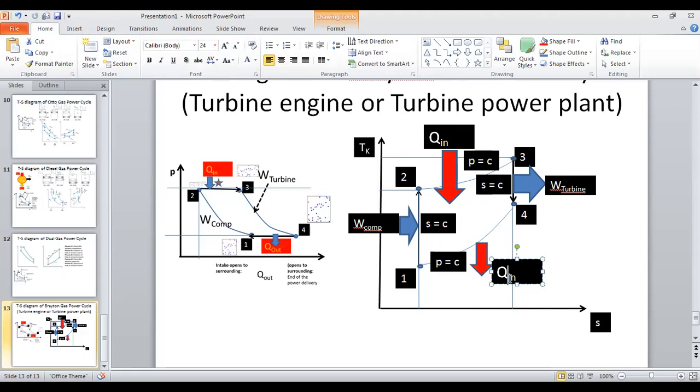Q loss. We prefer to put dash loss. Of course, that is out. Q loss to ambient or low temperature reservoir. So beta I put dash loss. Yes.